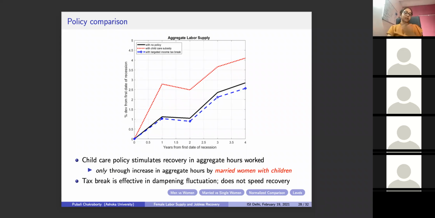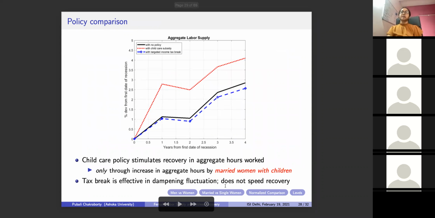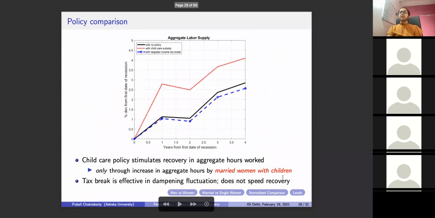increase the equilibrium employment in this economy in the case of the childcare subsidy, as compared to the targeted income tax break. And again, this is driven not by all women; if you look at the division by gender, female and male, it's driven by women, and specifically by married women.